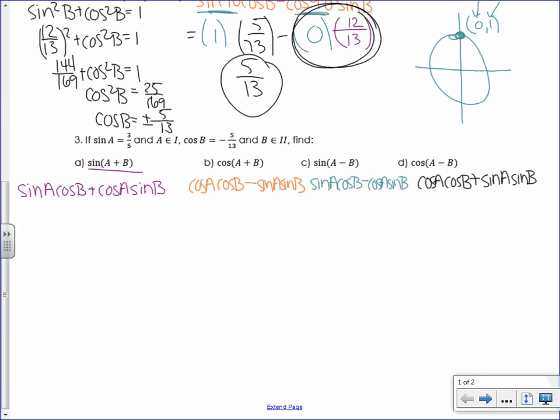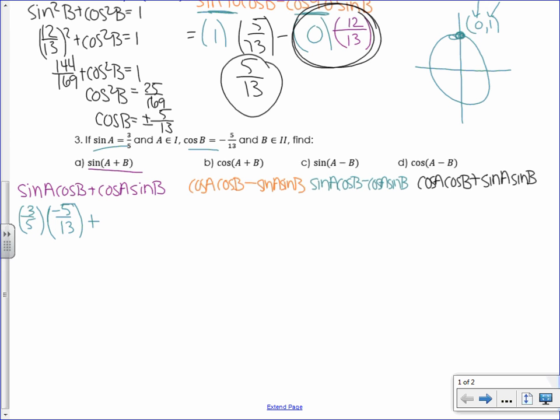Now I can go ahead, plug in stuff, figure out what I need. I'm going to just plug in what I know so far. So I'm going to plug in the sine of A and the cosine of B into all of these formulas. So for the sine of A, I'm going to have 3/5. Cosine of B is going to be negative 5 over 13.